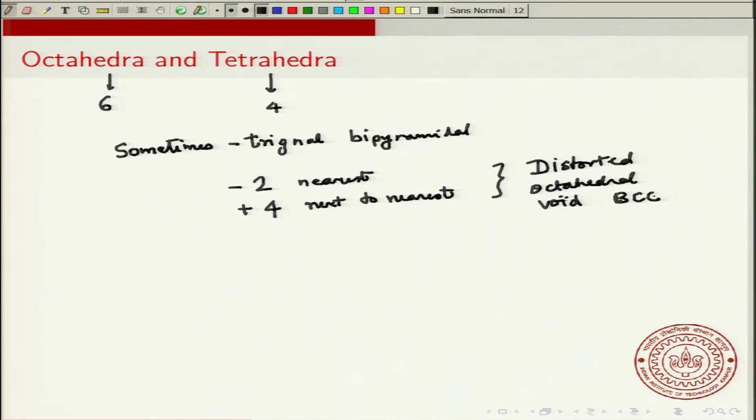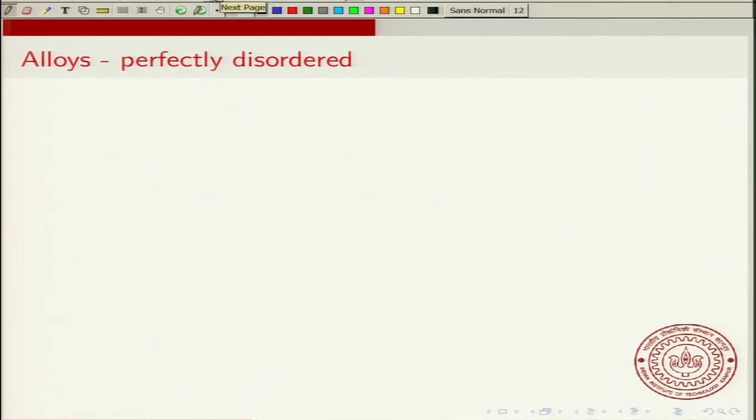So that is also possible. There are other possibilities, but the most common ones are the tetrahedron and octahedron, and it is in these cases that we usually show the structure in terms of coordination polyhedra. Now, that's about what I want to say about coordination polyhedra.